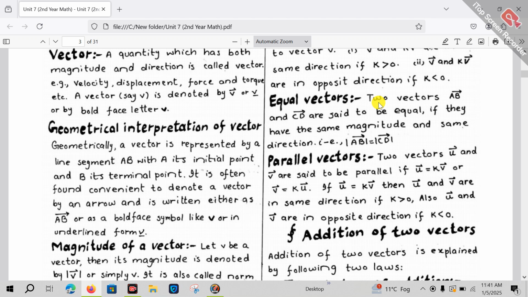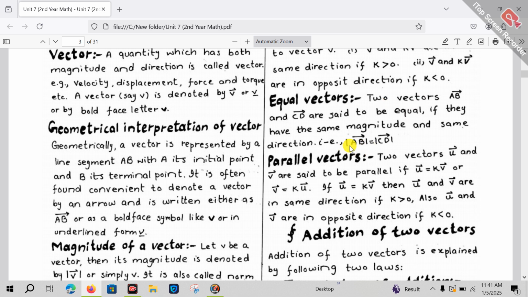Their magnitude should be the same and their direction should be the same. If these two properties are satisfied, then we say that these two vectors are equal. If these two properties are not satisfied, then we can say that these two vectors are not equal. So in simple wording, equal vectors are the vectors which have the same magnitude and the same direction.